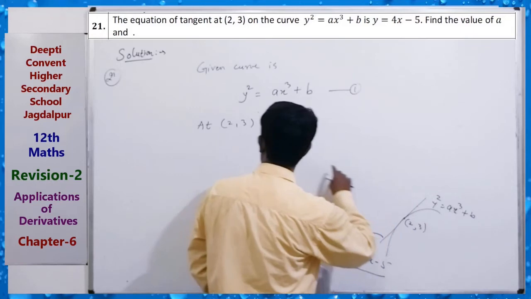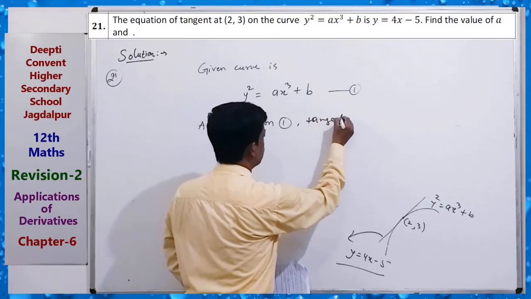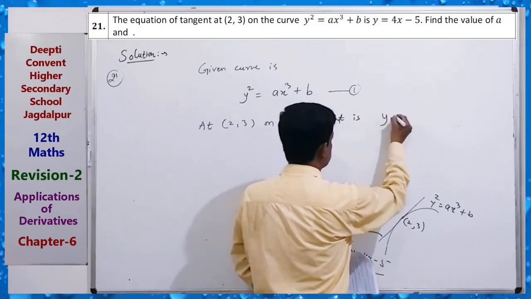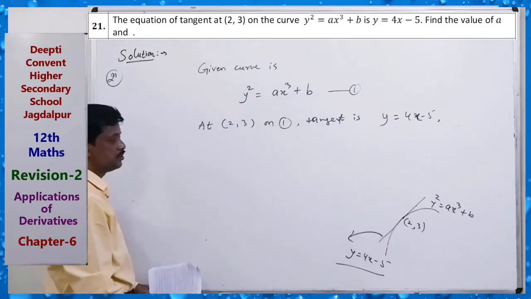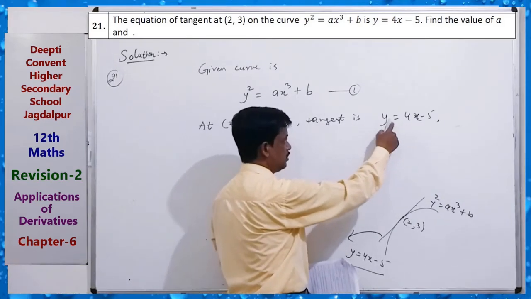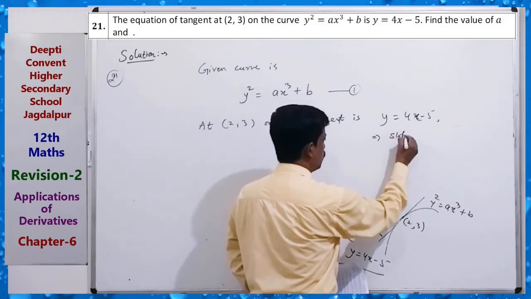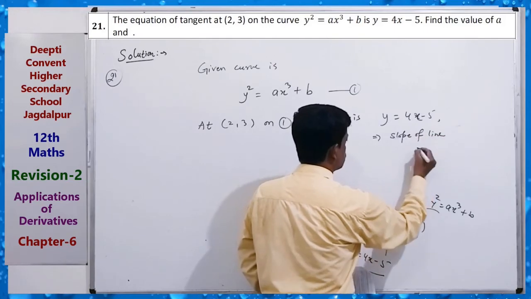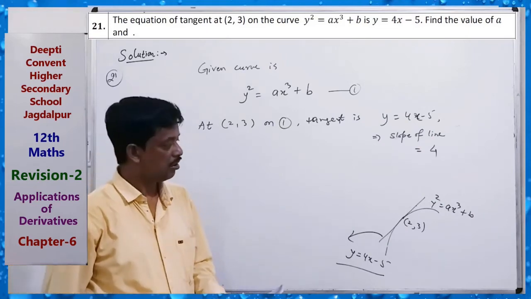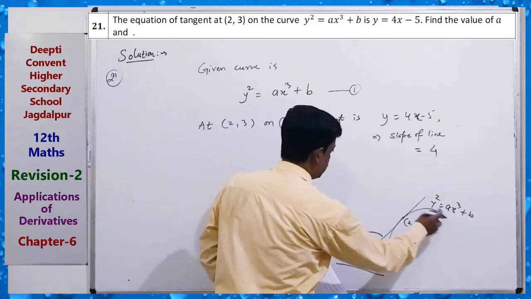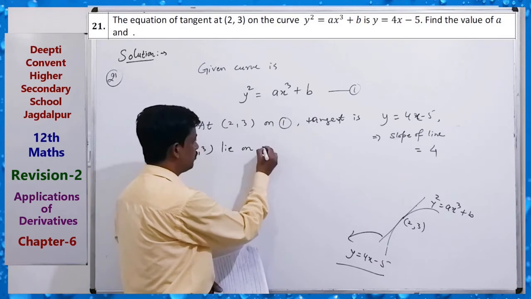The tangent is y = 4x - 5, so the slope of this line is 4. The equation of tangent at (2, 3): (2, 3) lies on the curve.